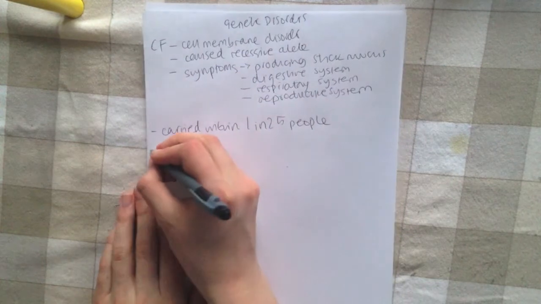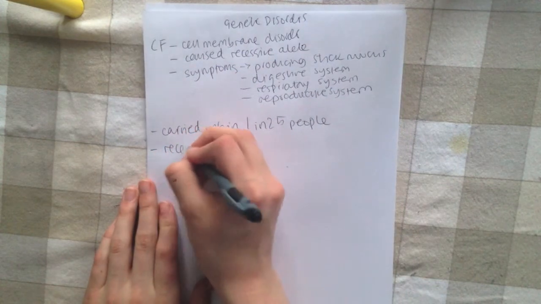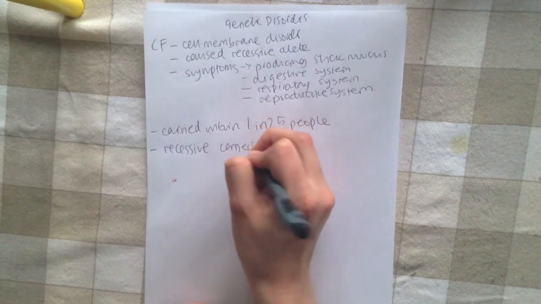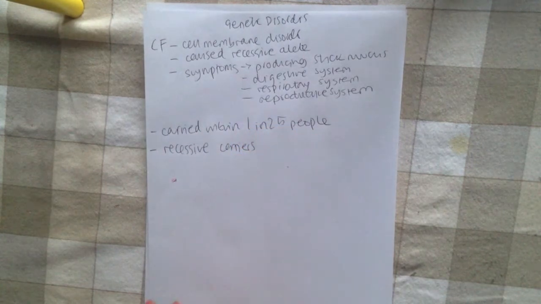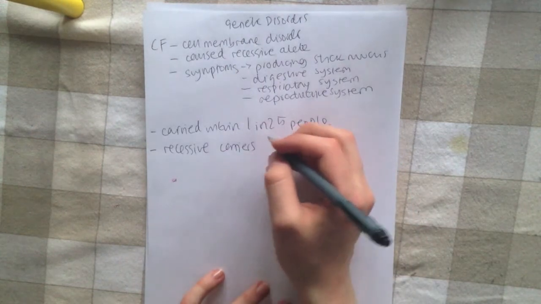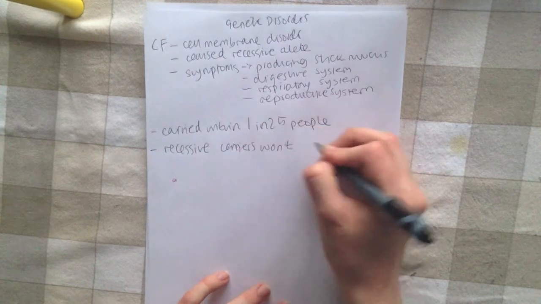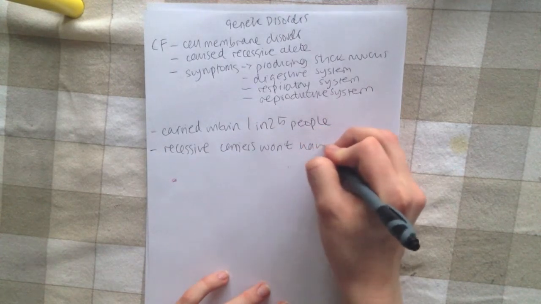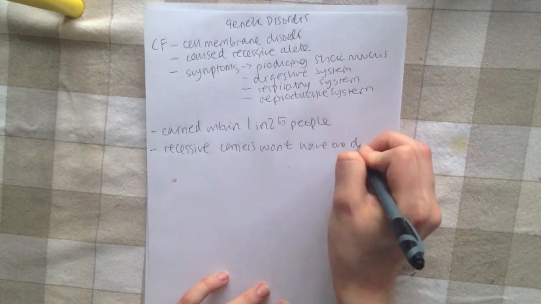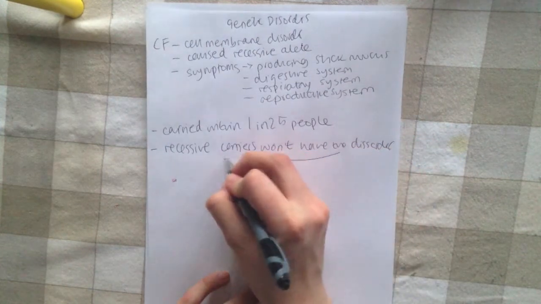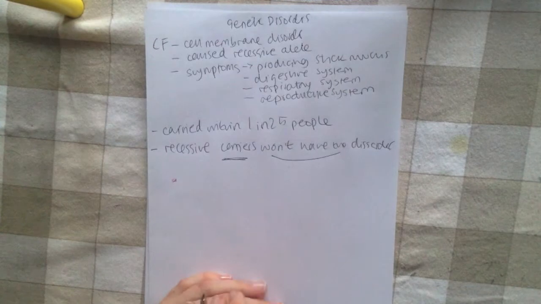So, because it's recessive, carriers, the people with one copy of the gene, won't have the disorder. So these people are known as carriers.